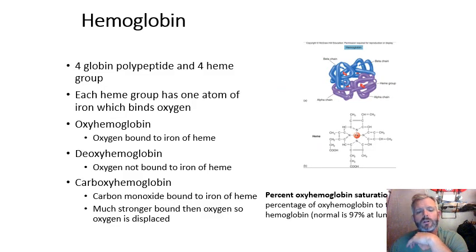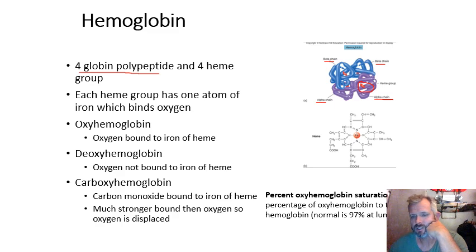So since hemoglobin is going to be carrying most of our oxygen, let's take a look at this molecule. There are 4 globulin polypeptides, so 4 subunits, 4 proteins that make up this hemoglobin molecule. In adults, we'll have 2 beta chains and 2 alpha chains. In each of these protein subunits, there is a heme.